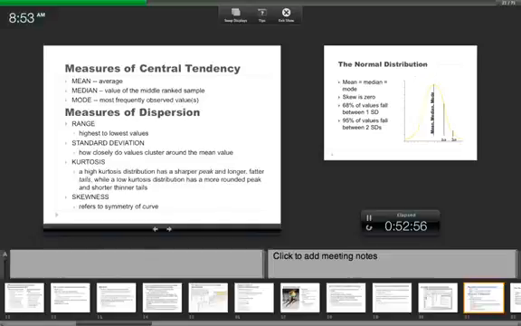The measures of dispersion are the range, standard deviation, kurtosis, and skewness. A high kurtosis distribution has a sharper peak and longer, flatter tails. A low kurtosis distribution has a more rounded peak and shorter, thinner tails. And skewness refers to the symmetry of the curve, whether it is skewed to one side, the left or the right.